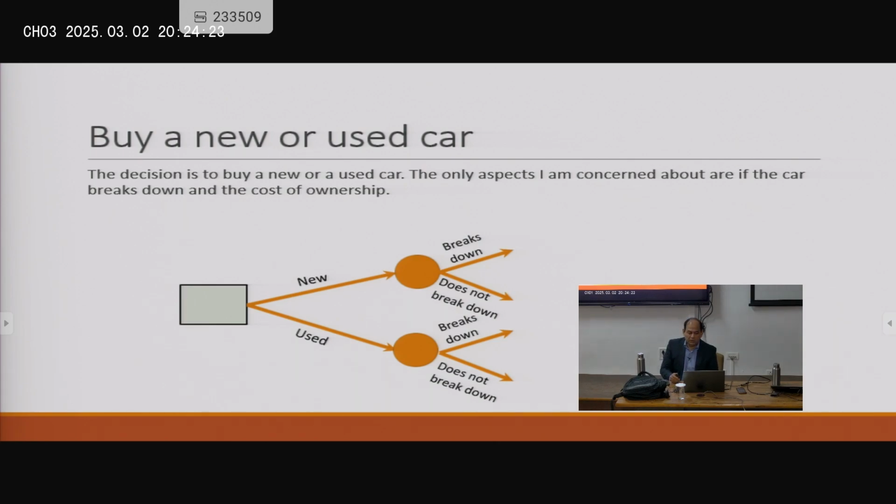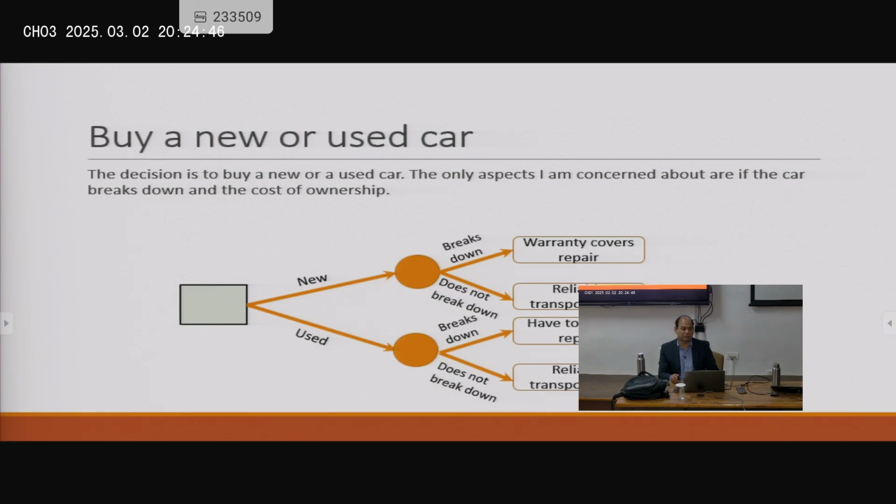And when it breaks down, what happens? You spend money to fix it, right? And if it doesn't break down, you don't have to spend any money to fix it. So that's how the decision is for now: if you buy a new car and it breaks down, the warranty covers repair.